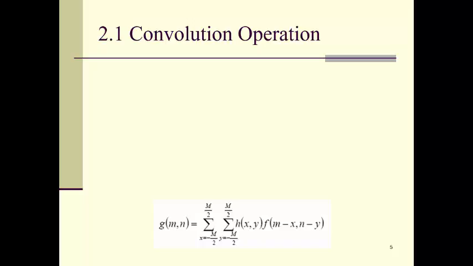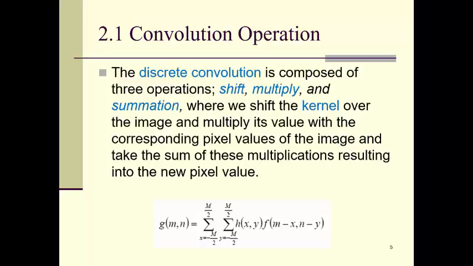Then after that I will make the multiplication, then after that here I have the summation. Okay? So in this expression I have all three steps that are related to the convolution. So here we say that discrete convolution is composed of three operations. In discrete, of course, things are much easier than in the case of continuous, because in continuous I need to make integration and things like this. Here it is just shift, and here I don't need to make shifting, because the kernel in most cases is symmetric.